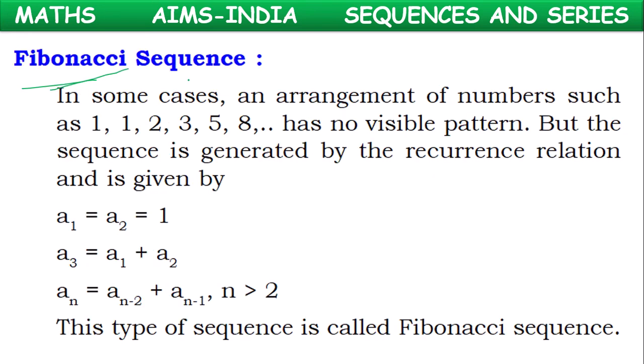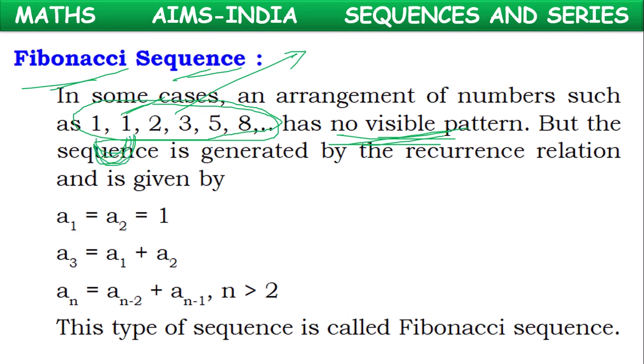So next, Fibonacci sequence. In some cases, just by seeing the sequence we cannot establish the relation. There will be no visible pattern just by seeing the sequence or just by observing the first two elements.